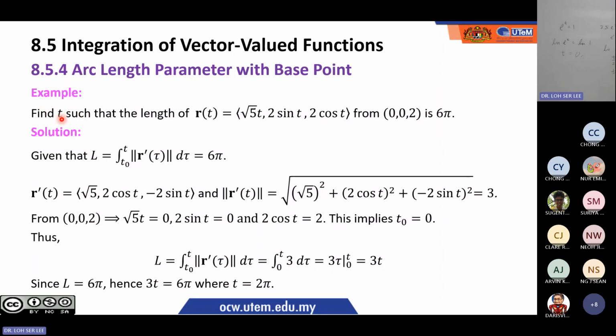But if the question wants you to identify the point such that the length of the arc from this point is 6 pi, then you work out the same procedure to get the t value first, then substitute the t value back into the curve to get the corresponding point as the final answer. If you look at the past year questions, you will know what I mean.